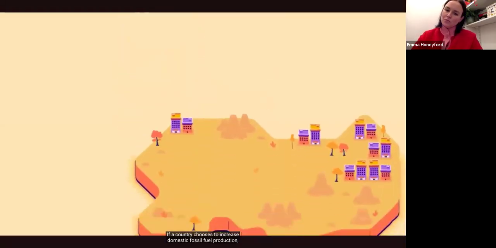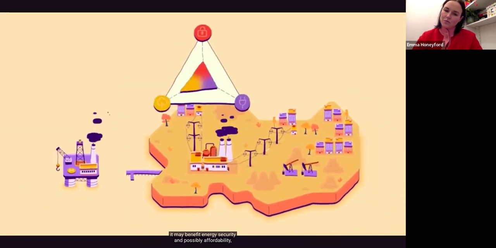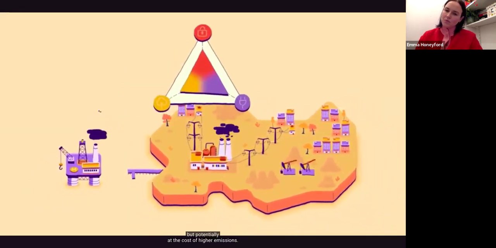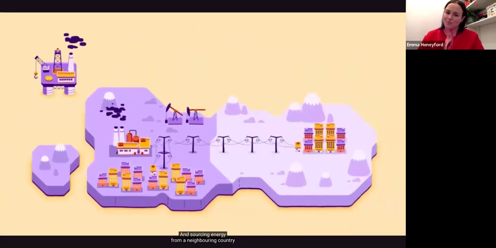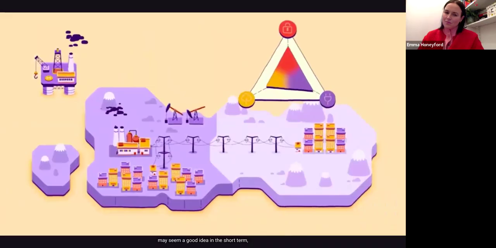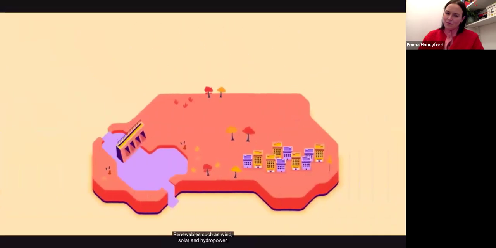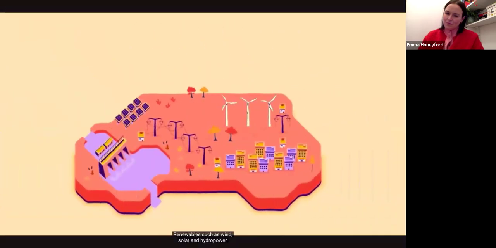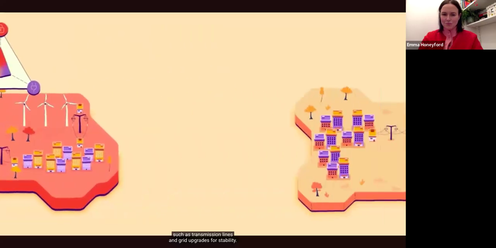If a country chooses to increase domestic fossil fuel production, it may benefit energy security and possibly affordability, but potentially at the cost of higher emissions. And sourcing energy from a neighboring country may seem a good idea in the short term, but risks the potential for uncertainty down the line if there are geopolitical strains. Renewables such as wind, solar, and hydropower, while competitive and offering lower emissions than fossil fuels, also require investment in supporting infrastructure such as transmission lines and grid upgrades for stability.